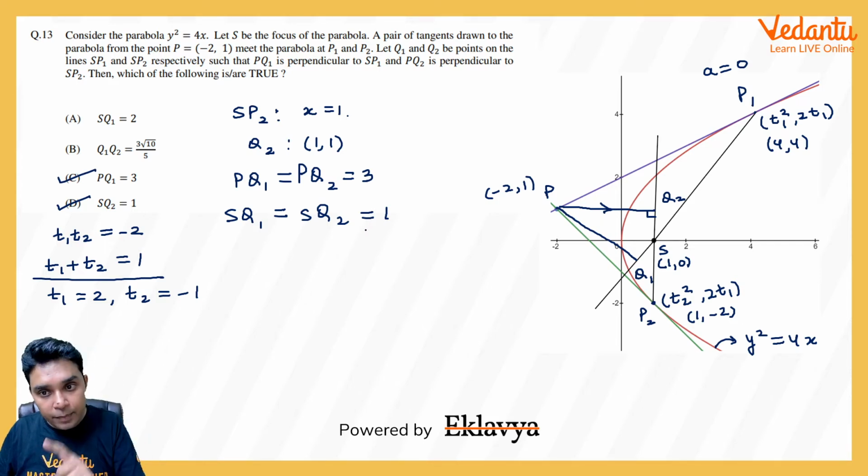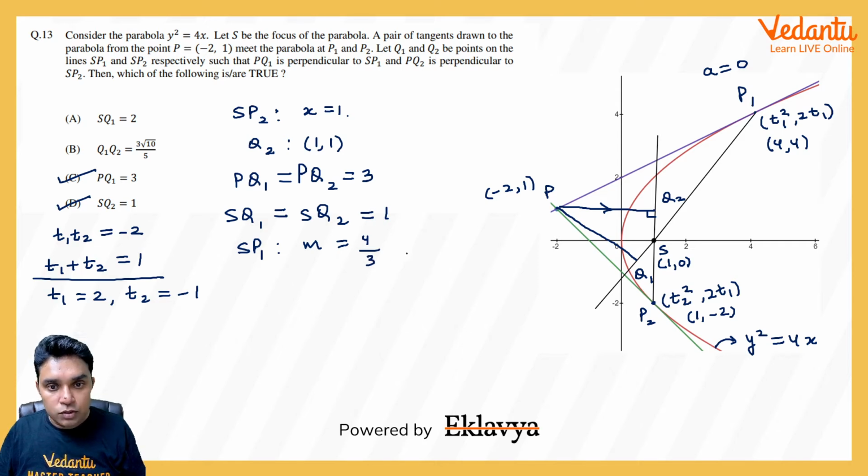I will tell you separately how to find SQ1 and PQ1 also. Please see how. We can write the equation of SP1 also. Its slope would be (4 minus 0) upon (4 minus 1), so 4 upon 3. So its equation will become y minus 0 is equal to 4 upon 3 into (x minus 1). So we can write this as 4x minus 3y minus 4 is equal to 0.